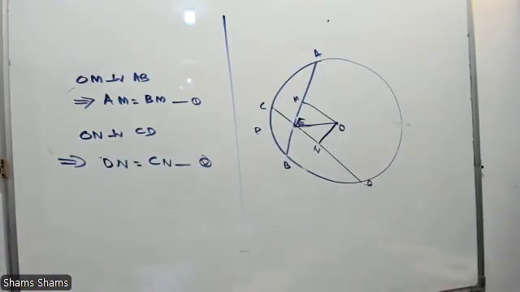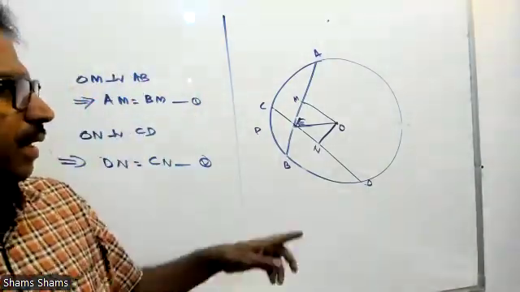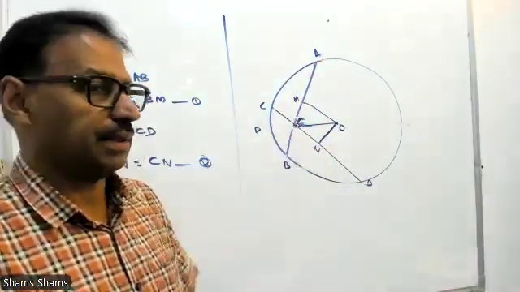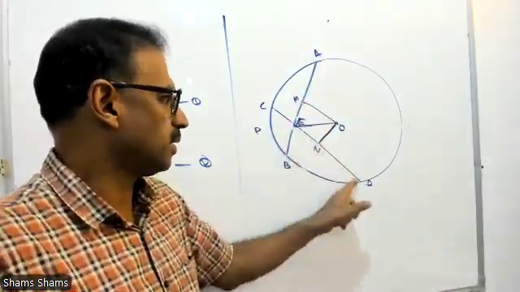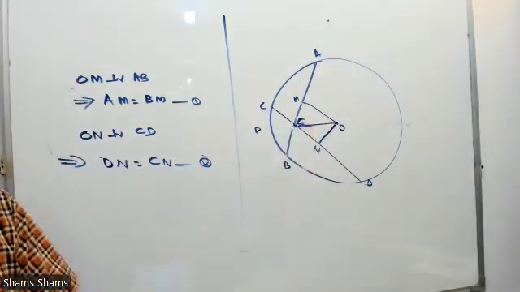Given is what? AB and CD are equal chords. To prove AE equal to ED, BE equal to CE. We did the constructions. OM perpendicular to AB, that means this equals this one, and this equals this one. Now, can you say what these triangles are called?